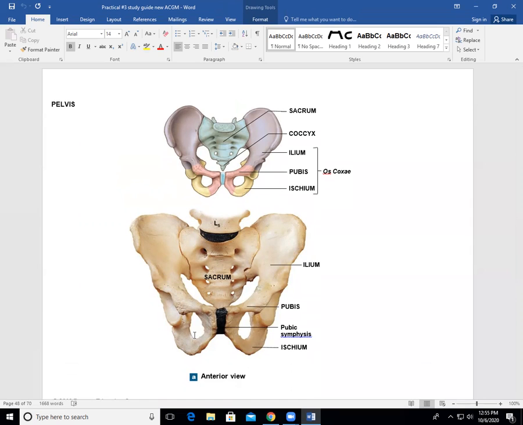The ilium, which forms the big portion of your pelvis, the pubis, which sort of faces anteriorly, and the ischium, which faces more posteriorly or laterally. You can also see the sacrum and the coccyx there. The space in here is your pubic symphysis, right? We learned about that in lecture with our articulations.